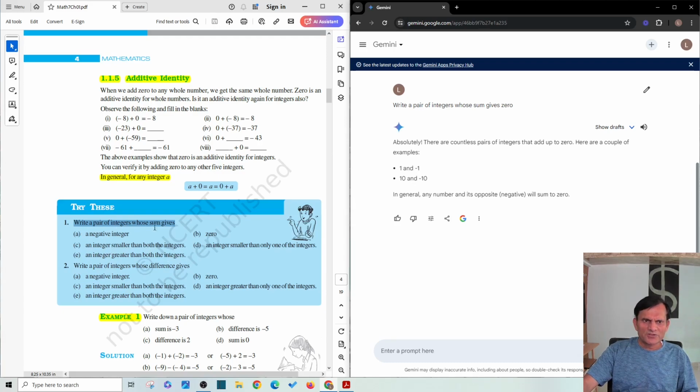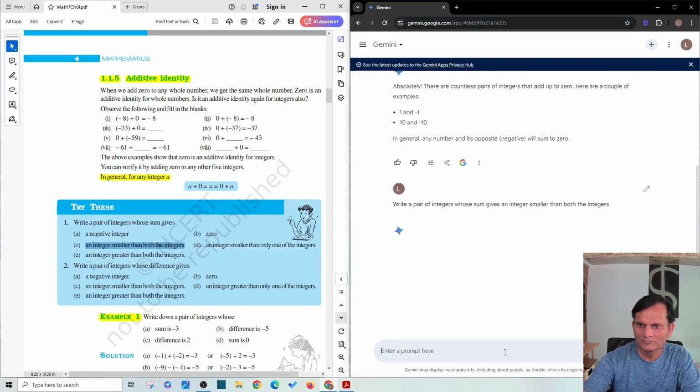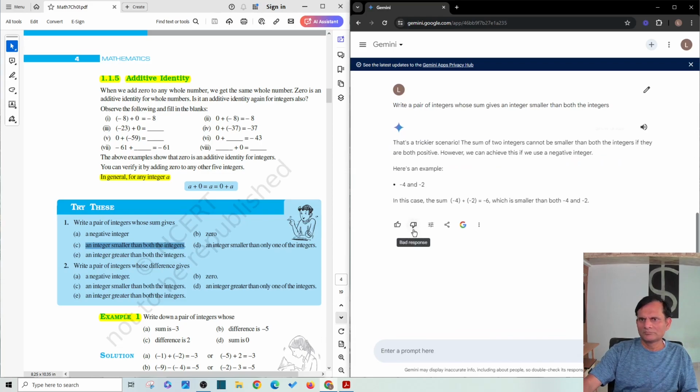Write a pair of integers whose sum gives an integer smaller than both the integers. So let us see. See, correct. Suppose we add minus 4 and minus 2, then we get minus 6, which is smaller than both minus 4 and minus 2.